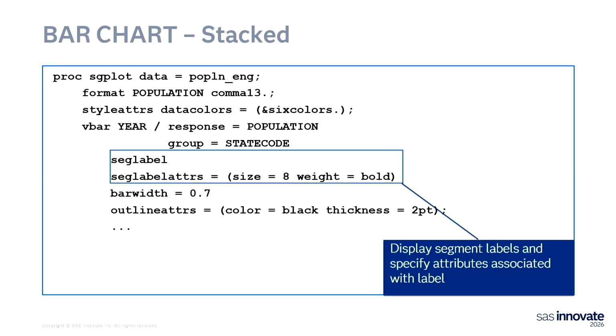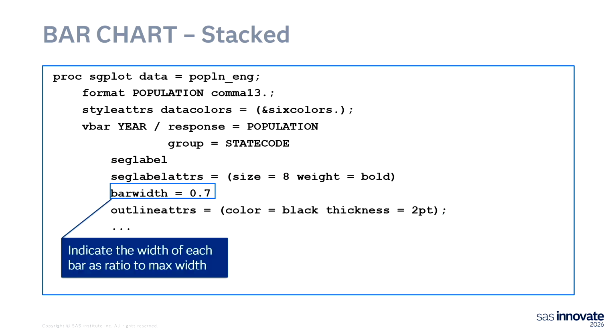We wanted those segment labels, and so to get those segment labels, we have to use the option SEGLABEL, and that's telling it to put the segment labels for each of those states within the segment itself. SEGLABELATTRS is going to control those attributes. And again, all these attributes, your style, is going to be inherited from the ODS destination that you're using. We want to change some of that. So rather than creating a whole new style, we can change it directly in the PROC SGPLOT ourselves.